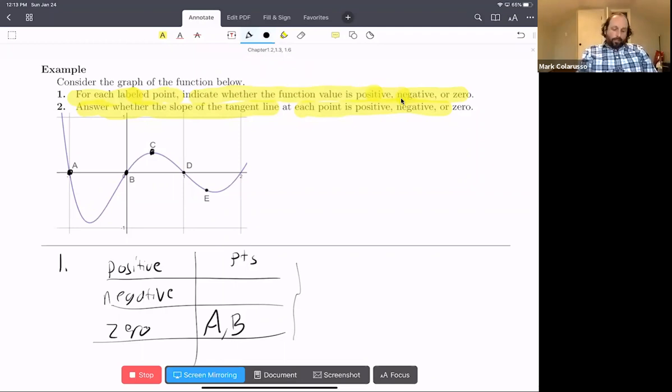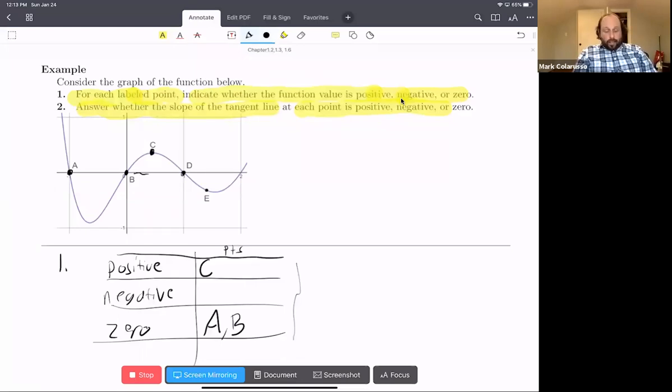Now we go to C. Now, C is sitting above the x-axis, right? C is up here, there's the x-axis. So the function value must be positive at C. So we can put C in the first column. And maybe I should put these points up in the space here. There.